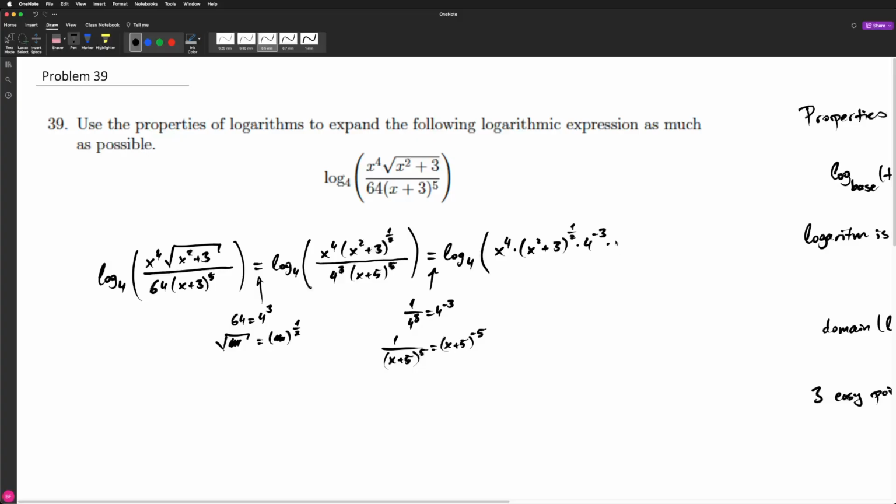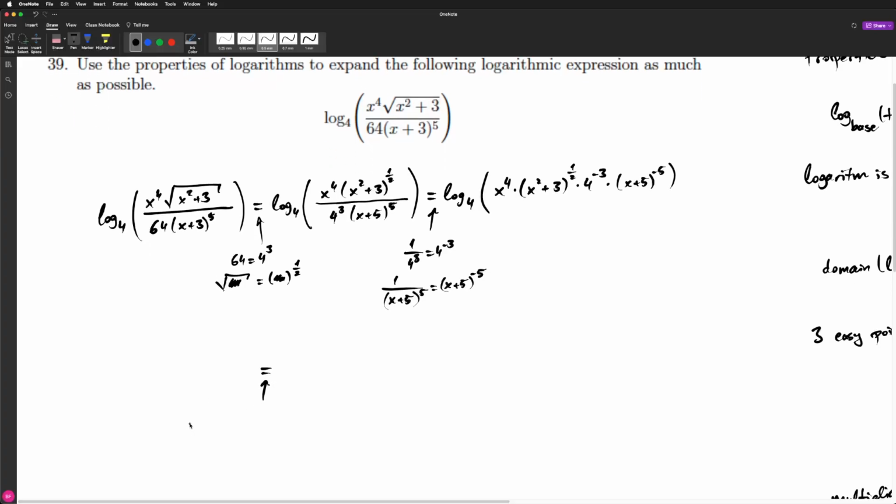Everything is multiplication. Now I can use the rule multiplication inside, addition outside, and break this big logarithm into multiple logarithms.